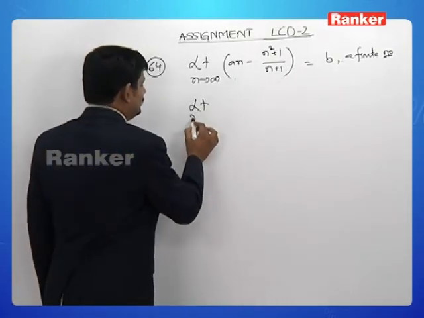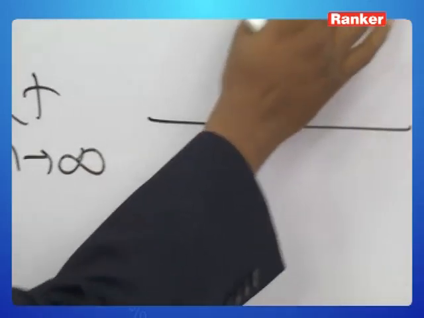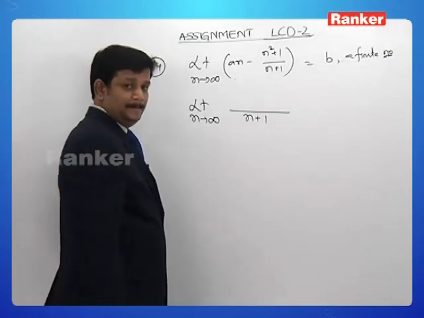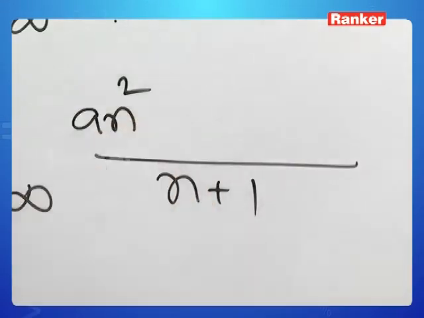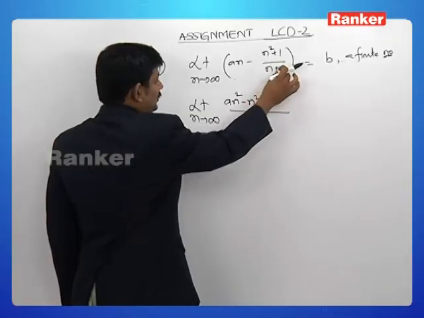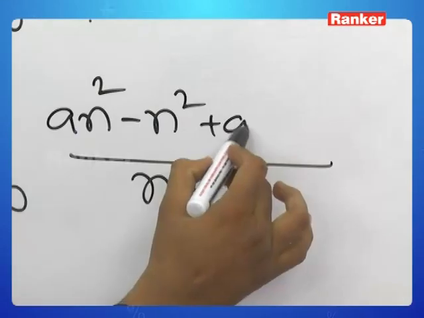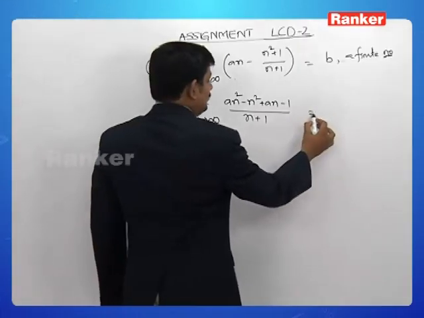So let us take the LCM. Limit n tending to infinity, n plus 1, cross multiply: an square minus n square plus an minus 1, this is given to be b.